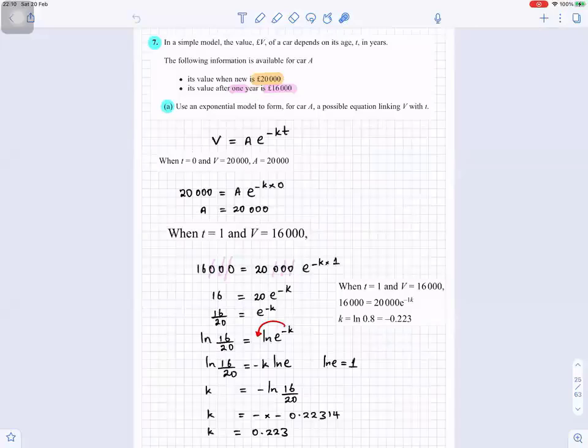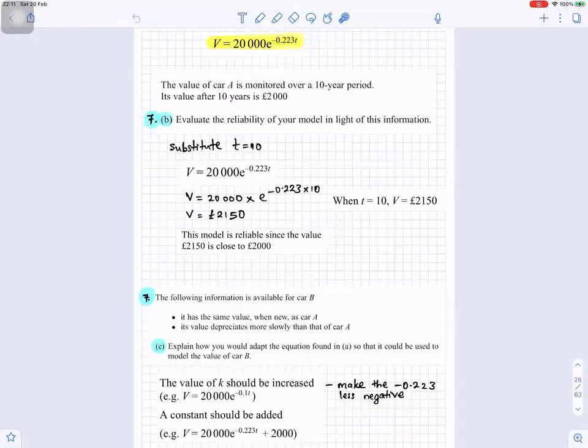The answer to question 7A, where you would substitute these values and then you work out k to be 0.223. Answers to question 7B and 7C. For 7B, you substitute the value of 10 for t and put in your calculator, you get 2,150.